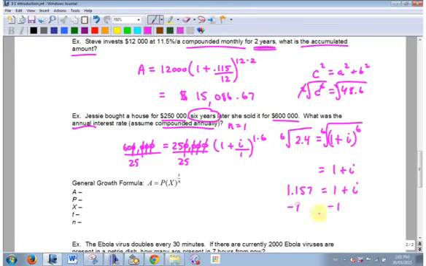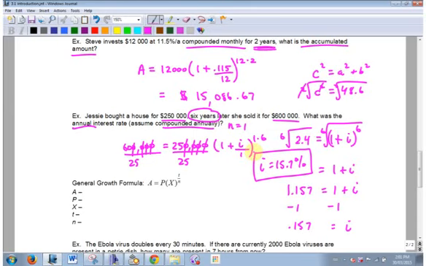Minus 1, minus 1. i is 0.157. What's that in percent? 15.7%. It's a pretty darn good rate of return, I would say.